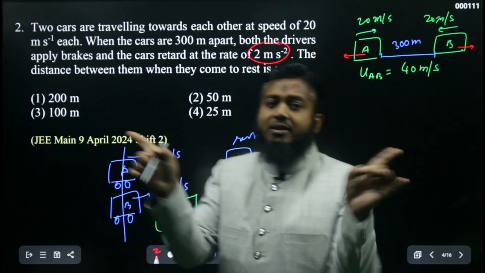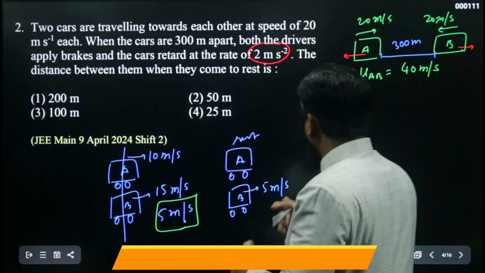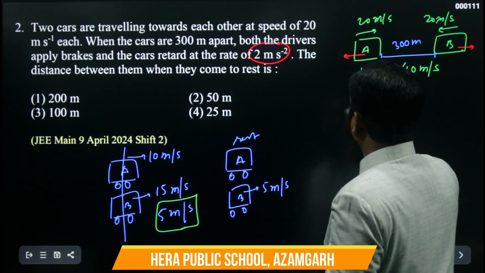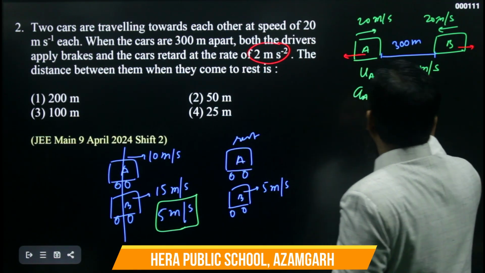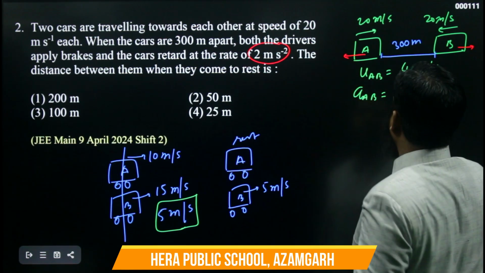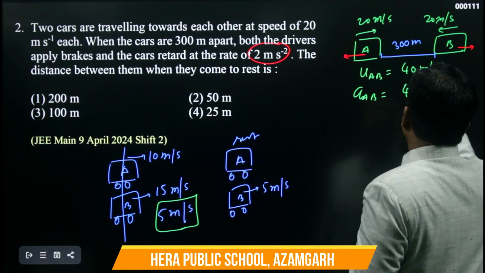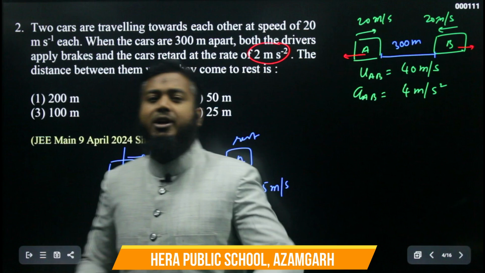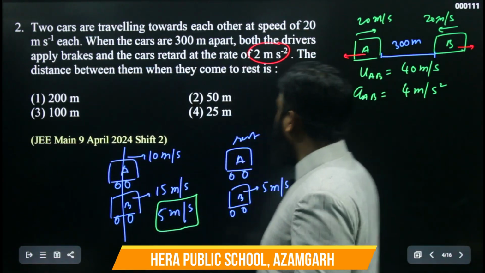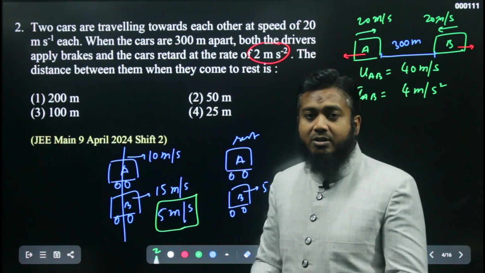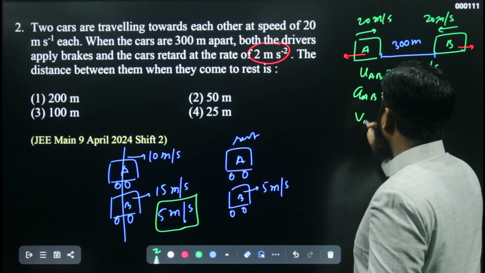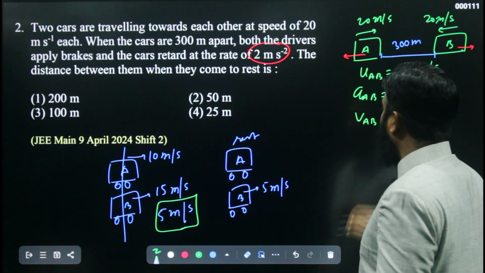Again, these two accelerations are opposite, so the acceleration of A with respect to B would be simply 2 and 2, that is 4 meter per second square. The retardation of one train with respect to the other is 4 meter per second square. And finally, they stop, so finally the relative velocity will be 0. So the final velocity of A with respect to B would be 0.